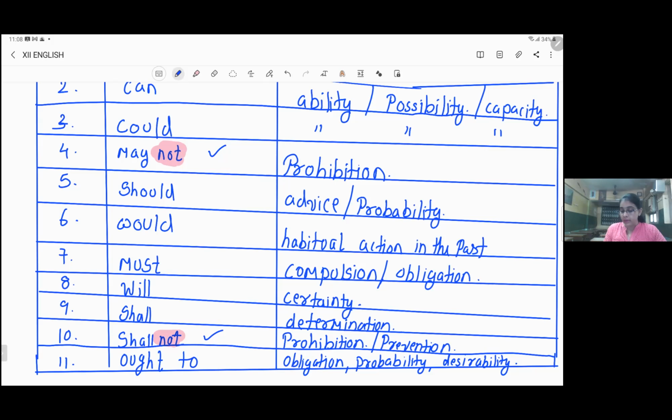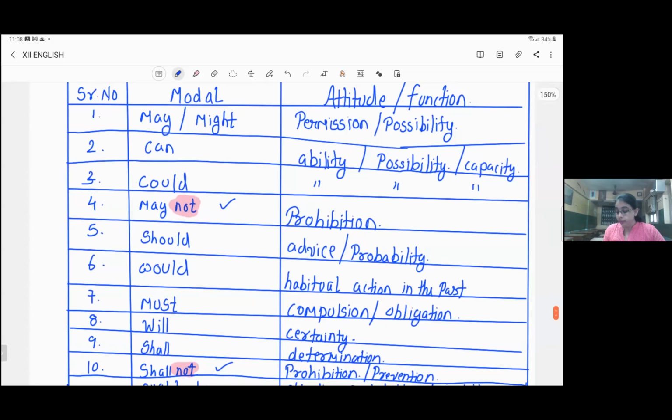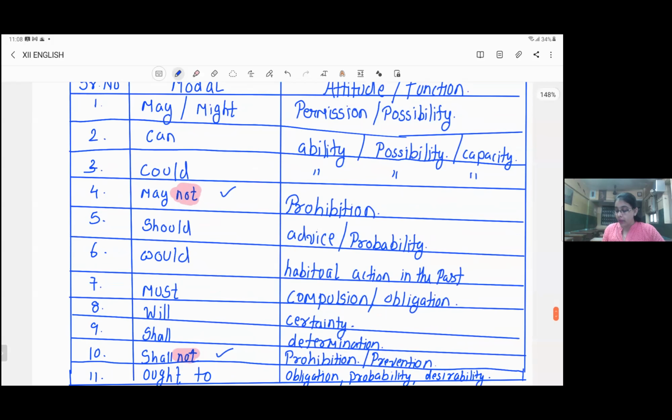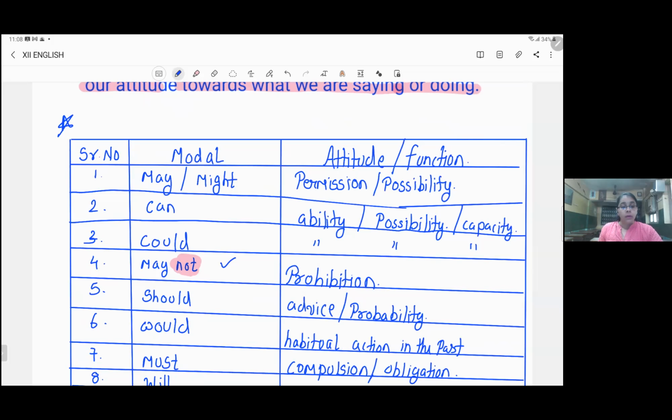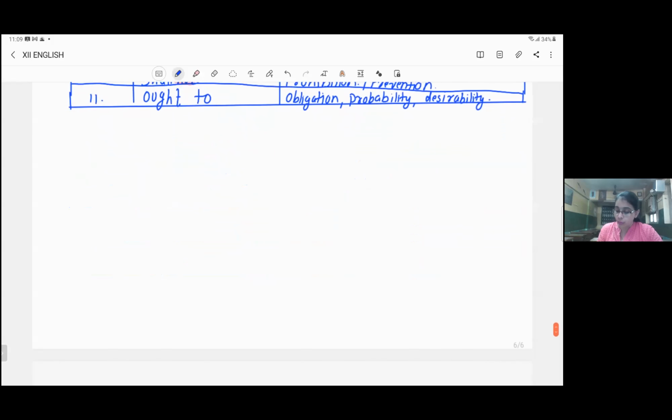Clear? This is your whole modal auxiliary table and its function. You have to go through it. It is very important for your grammar topic. Each and every topic is important, but this topic, modal, in every sentence you have to use this. Clear? Now we'll go with the examples.